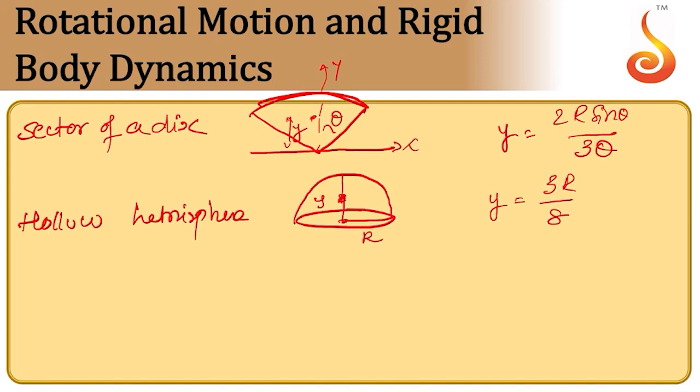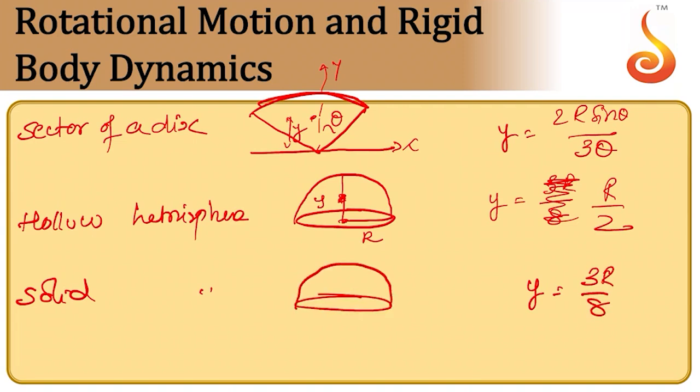While for a solid hemisphere, y is given by 3r divided by 8. For a solid one it is 3r divided by 8, while for a hollow hemisphere it is r divided by 2. Remember, these are measured from the center.